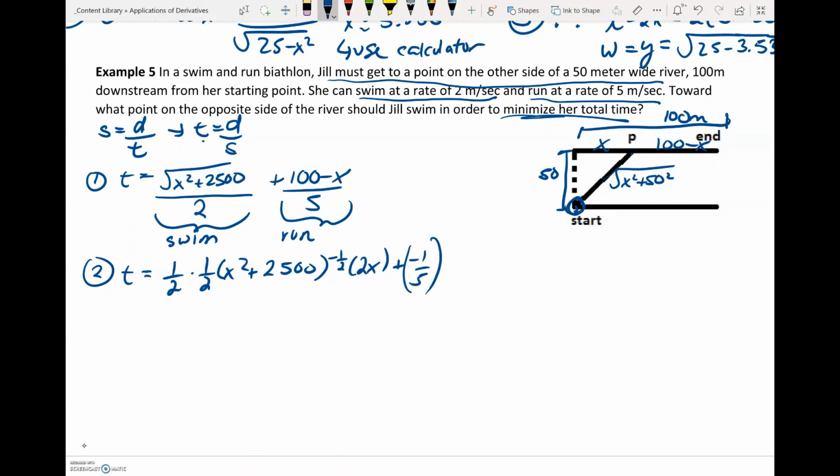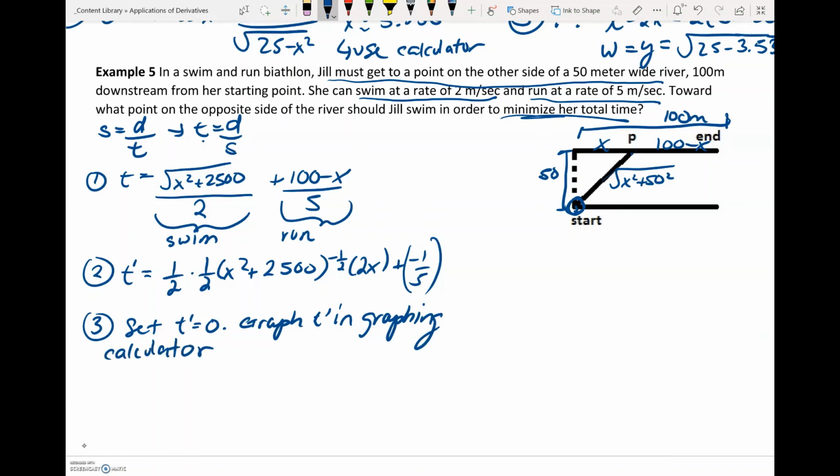Looks like a mess, but you're going to put this in your calculator and see when this whole thing is equal to 0. So graph t prime in your graphing calculator and find the x-intercept. If you do that, you should get x is about 21.822.